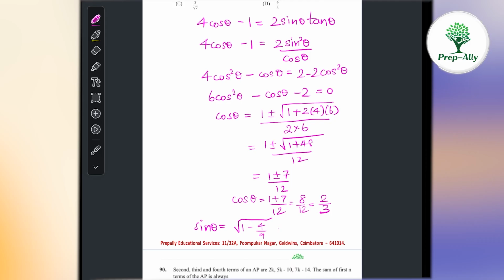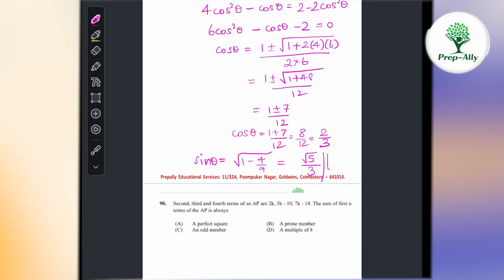Oh, I'm sorry. Which equals square root of 5 by 3. So tan theta equals root 5 by 2.